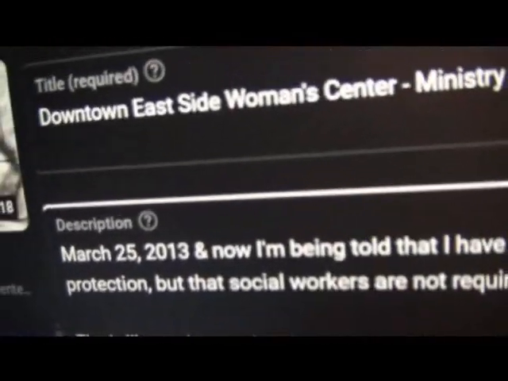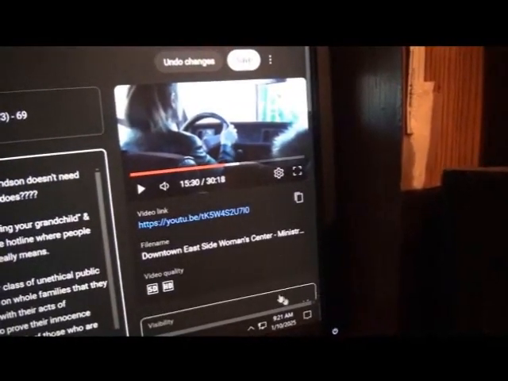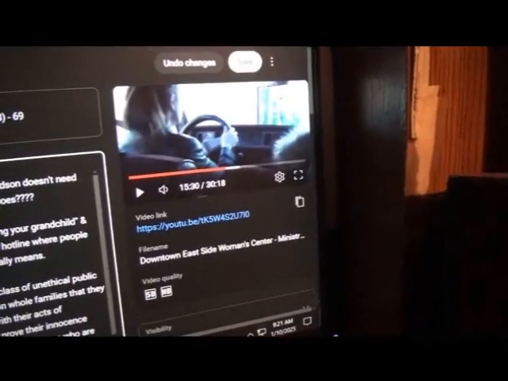So, Downtown East Side Women's Center, Ministry of Tears. And we went there on March 25th. The first thing I'm looking at is the hue color.